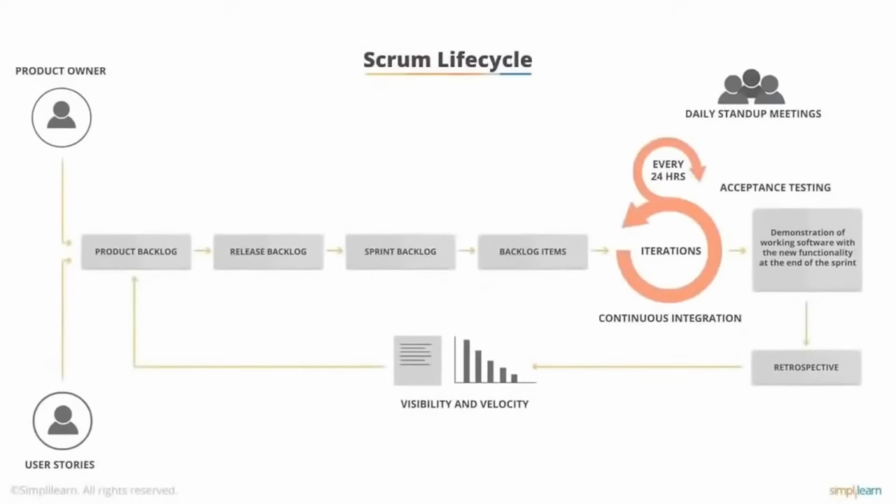This slide is a graphical representation of an Agile project using Scrum. Starting at the left, you can see that the product owner owns the product backlog and in collaboration with the team develops the user stories or requirements for the project. The product backlog is prioritized, with the higher priority items occupying the top of the product backlog.